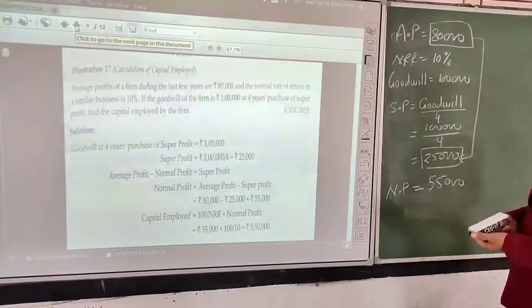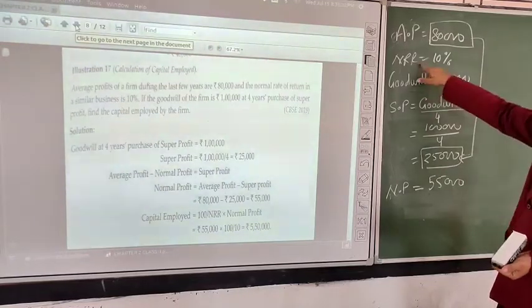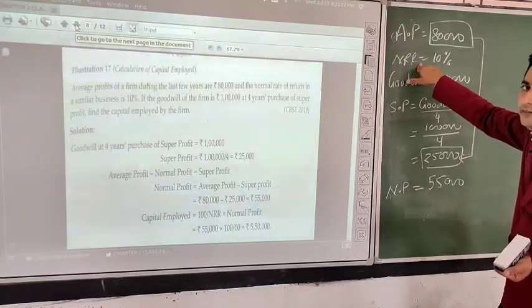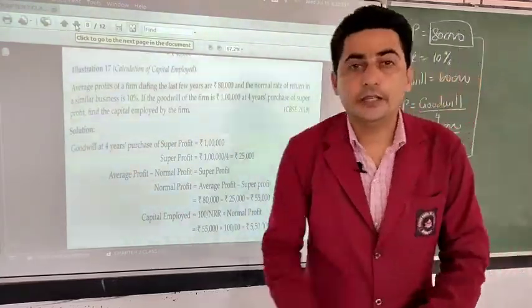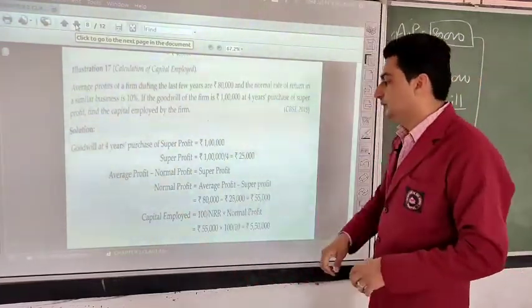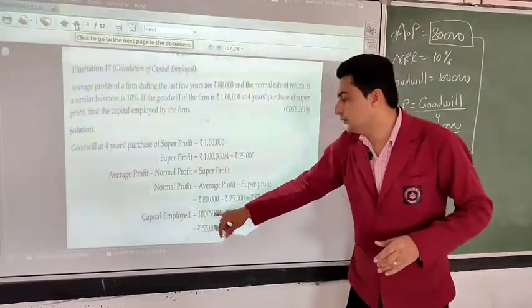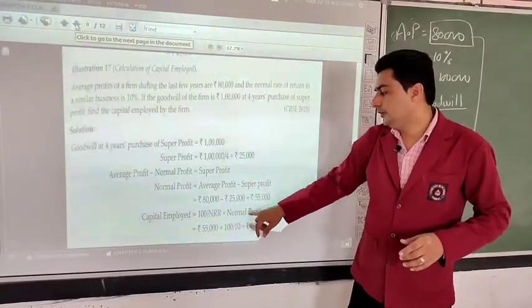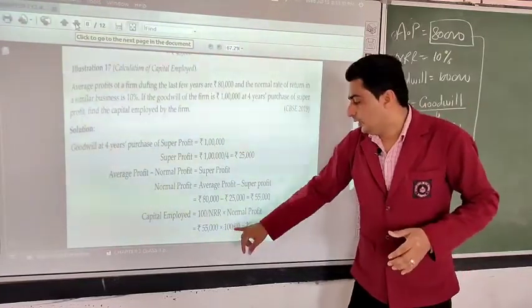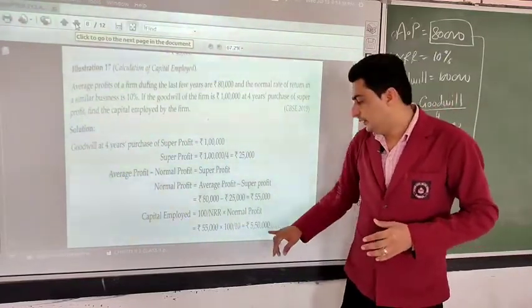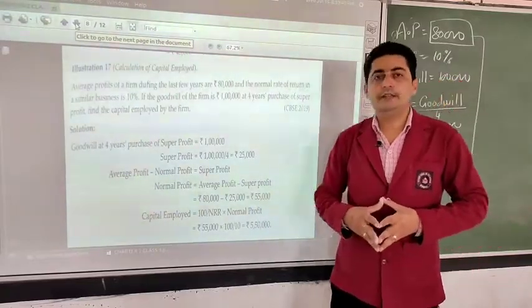Now after getting normal profit, we will divide it by normal rate of return and multiply it by 100 so that we can get our capital employed. Capital employed is equal to 100 divided by normal rate of return into normal profit. Normal profit was 55,000 into 100 divided by 10, and the capital employed is 5,50,000.